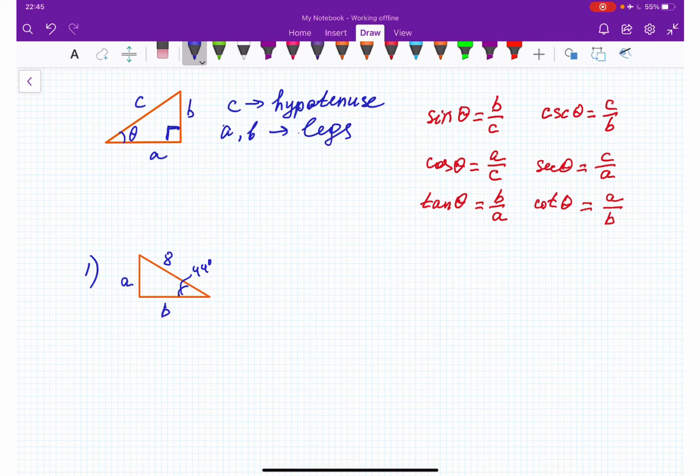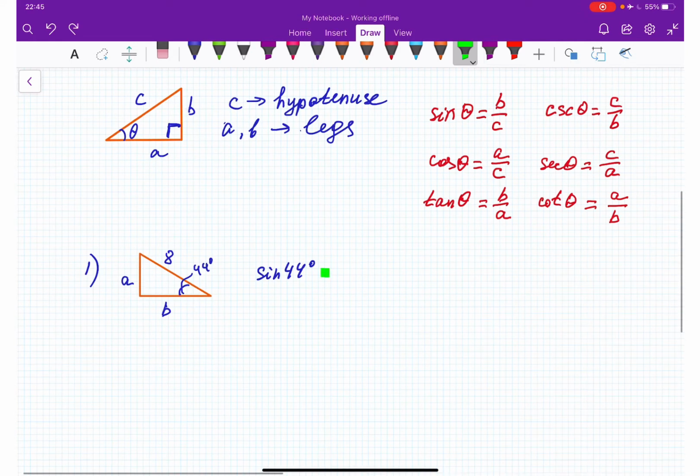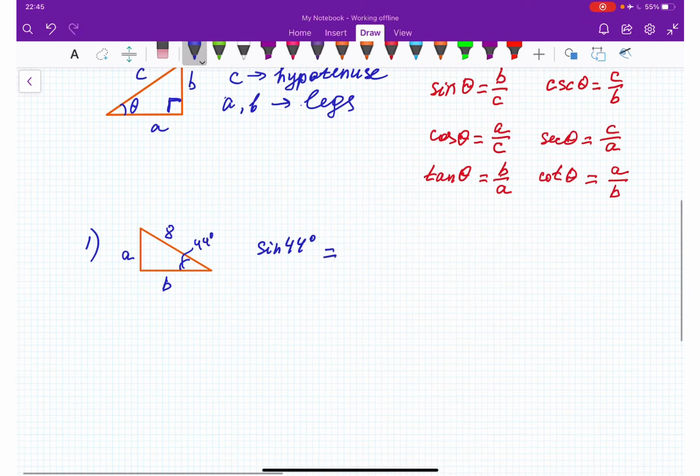All right. So sine 44 degrees is going to be equal to... We know sine of alpha, or theta in this case, is equal to the opposite side to the hypotenuse, right? Opposite leg to hypotenuse. So the opposite leg here is going to be A to the hypotenuse, which is 8.